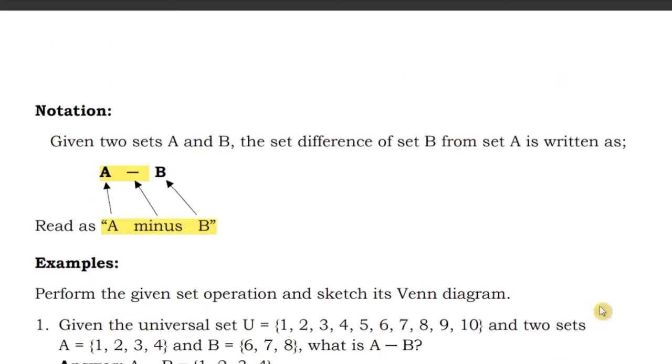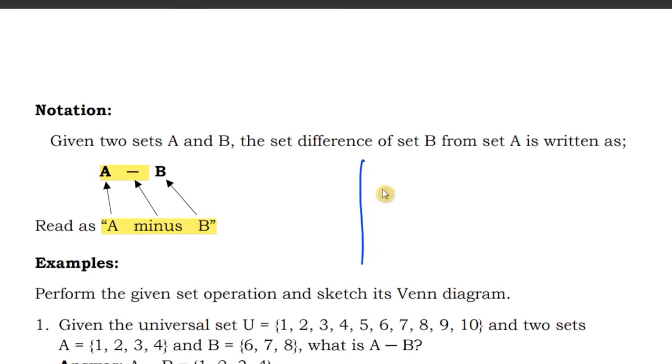In example number 1, we have the universal set.